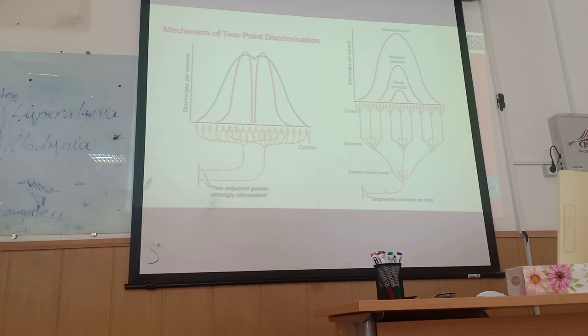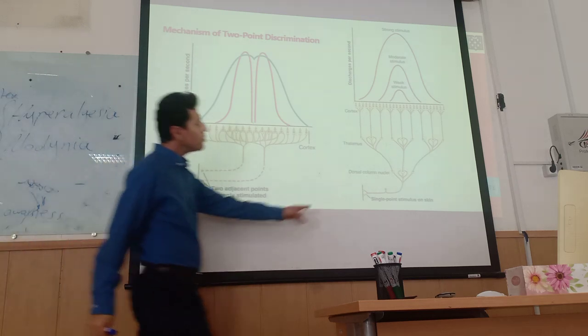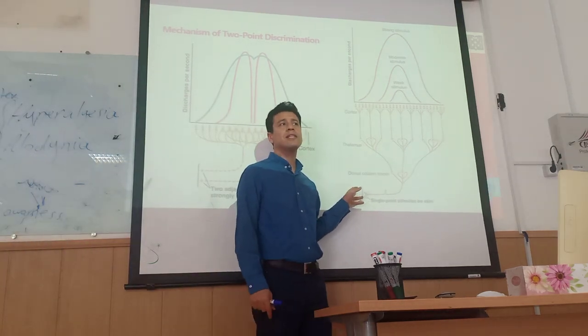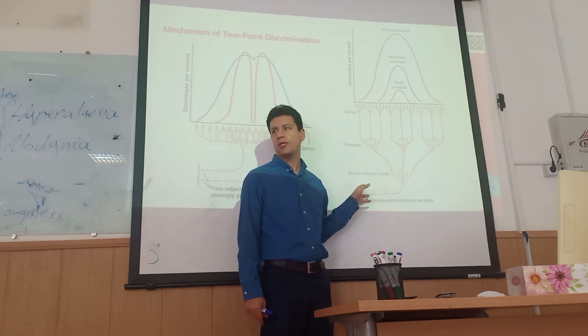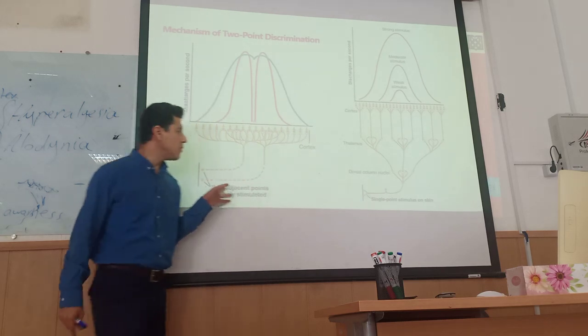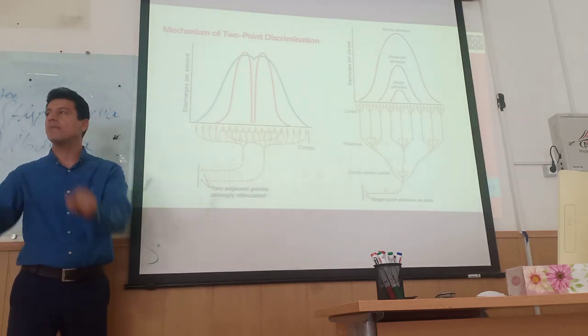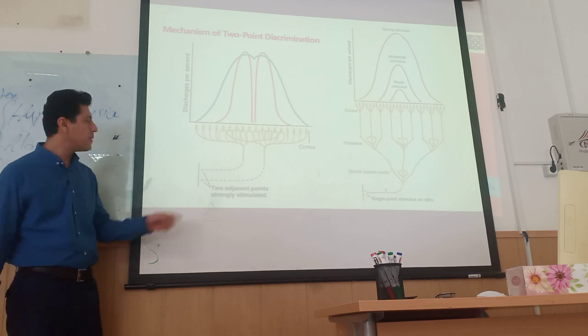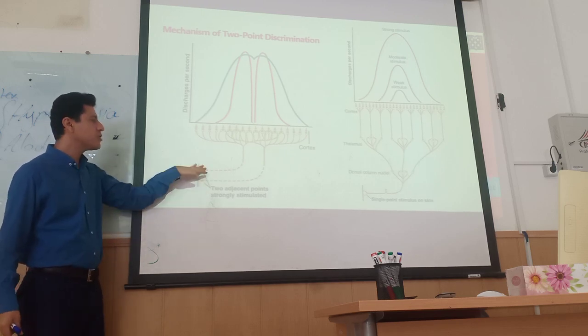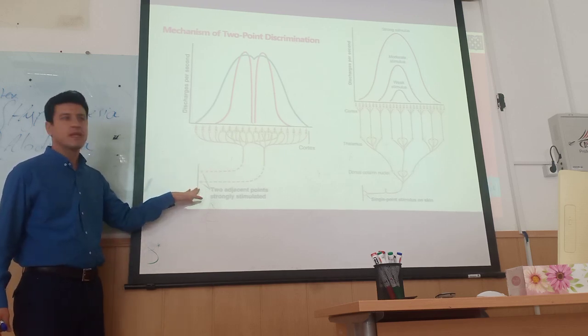With weak stimulation, the firing rate is lower. With strong stimulation, the firing rate is higher, right? So, the cortex is easily able to detect this point of stimulation, right? But now, when 2 points are touched at the same time, what happens? 2 different neurons are active here.